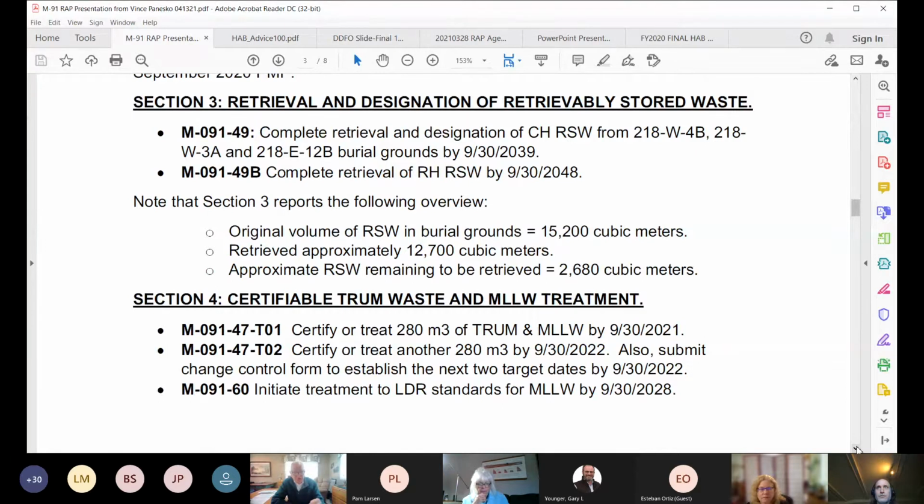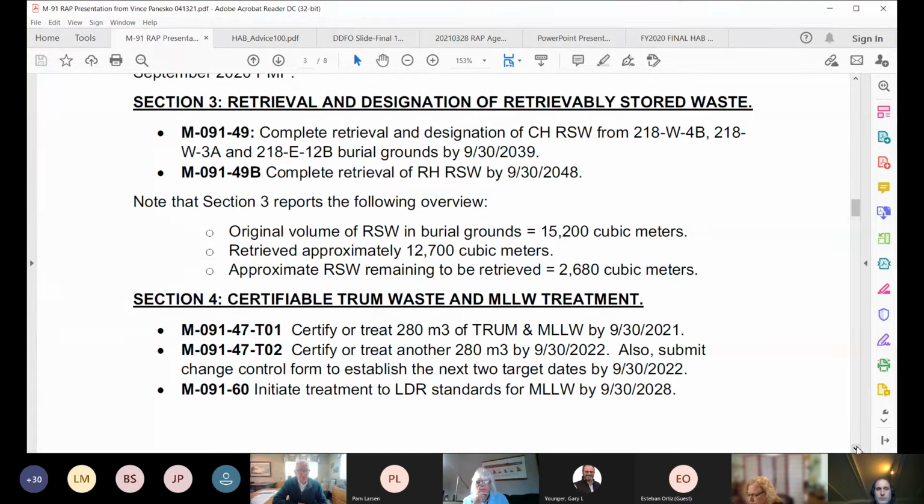Now remember that 2050 is the new date, and M91 implements that new date of 2050 for shipment of all retrievably stored waste, which is defined as plutonium waste, to WIPP. And if you see here the dates they have, the first bullet, milestone 49, complete contact shipment of contact RSW by 2039.